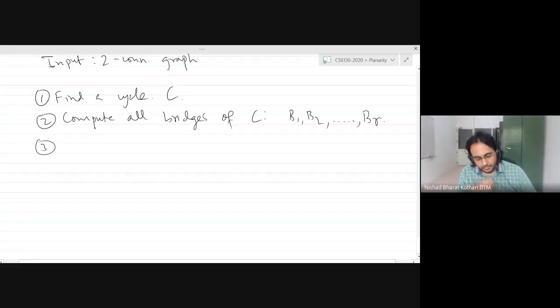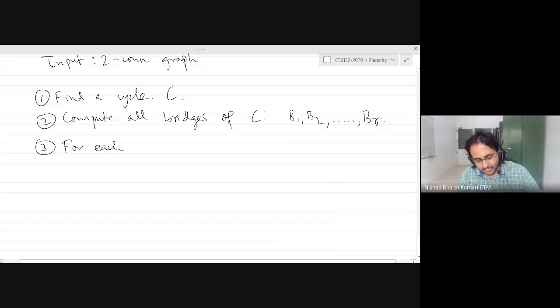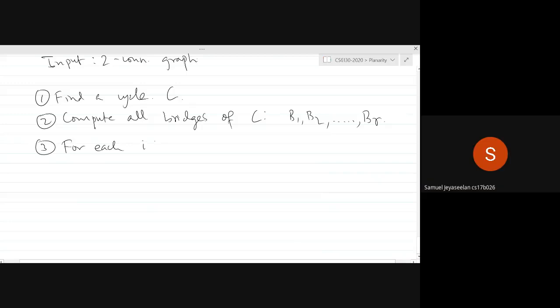What are we now going to do? Can anybody give me a hint? ER decomposition? Is that necessary? For each bridge, find the vertices of attachment.